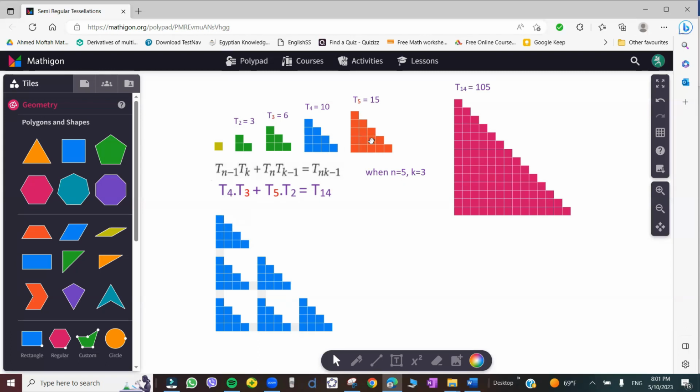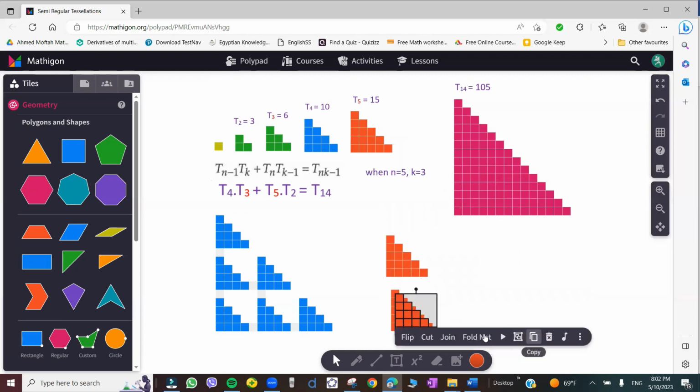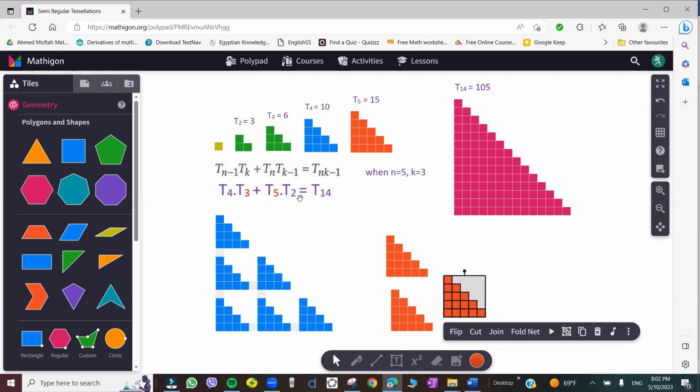So we make a copy of term number 5, that's the first one, another copy, the second one, and the third one. So term number 2, which is 3, times term number 5 equals 15 units. So 15 times 3 is the second term here.